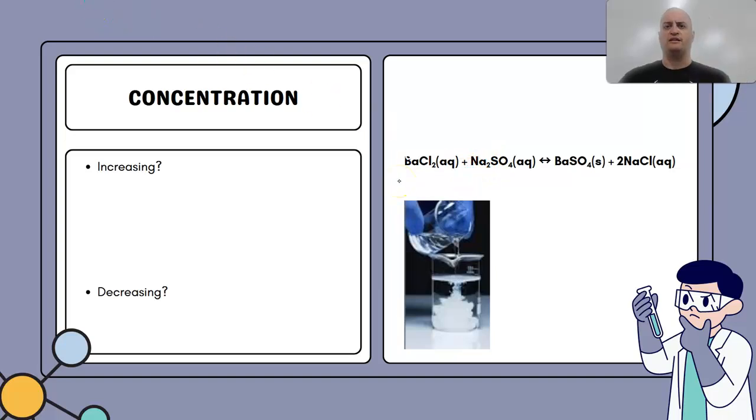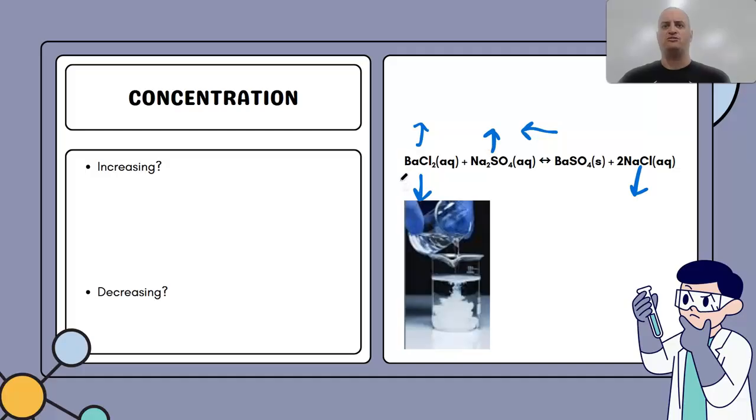So just as a final example, if we decreased the concentration of barium chloride, then that would shift it towards that substance, to where overall this would be made more of, and this would be made more of, because we'd shift it, and this concentration would go down because we need to use NaCl and BaSO4 to make both of these.